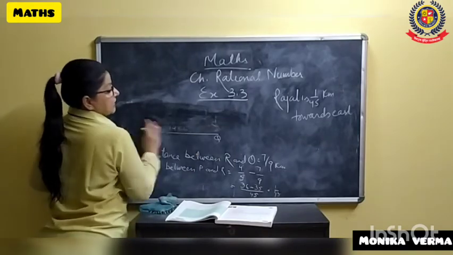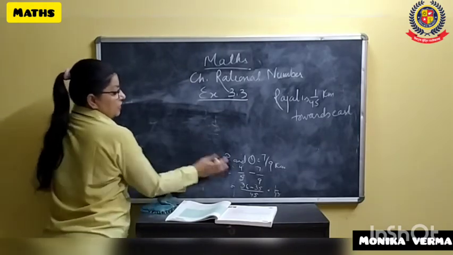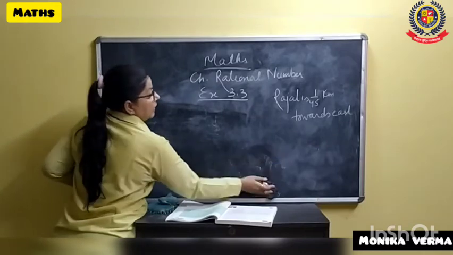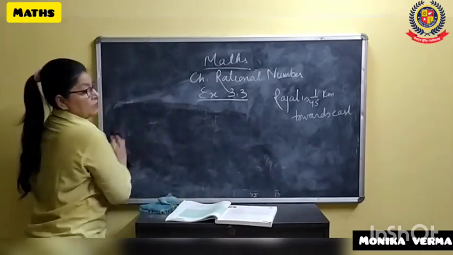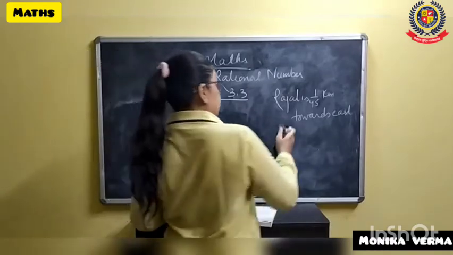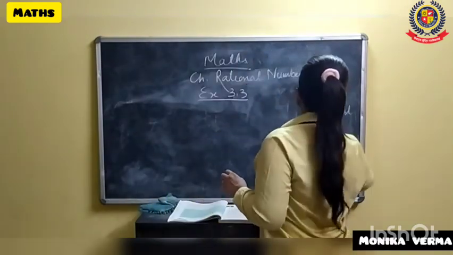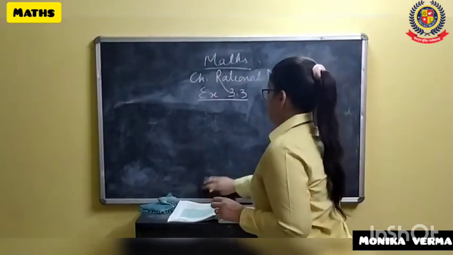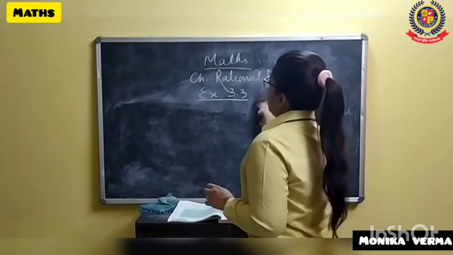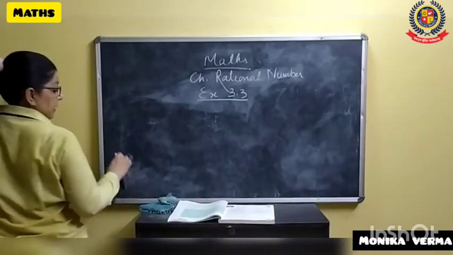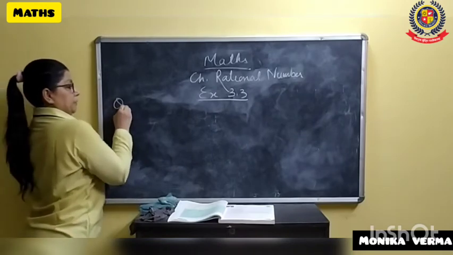We have to see the signs as well. If you will not see the sign, you will just write that he is 1 by 45 kilometers away, then marks can be cut. You have to write in this question direction also. And you have to mark this question as important. Do mark this question as important.